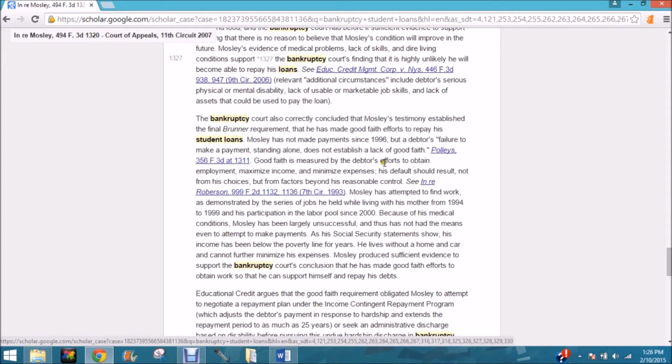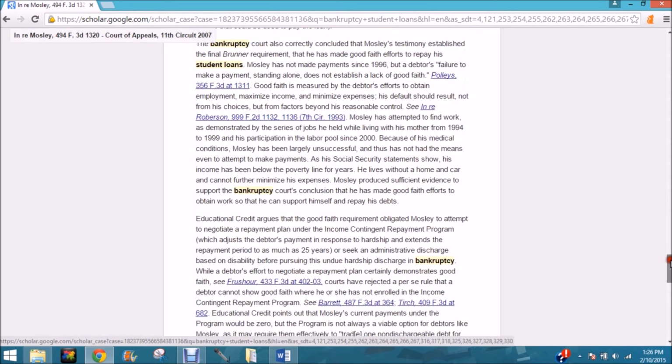Measured by a debtor's efforts to obtain employment, maximize income, minimize expenses. His default should result not from his choices, but from factors beyond his reasonable control. So poverty, if that keeps you from making payments, won't stop you from showing good faith, which in many jurisdictions and in a lot of the old cases, it simply did, okay? But not in the 11th Circuit. So this is a good case for us as far as that's concerned.